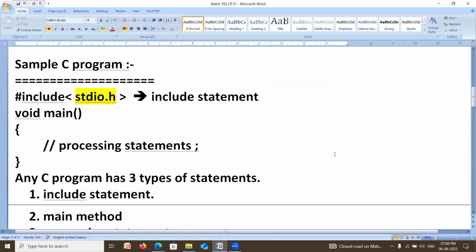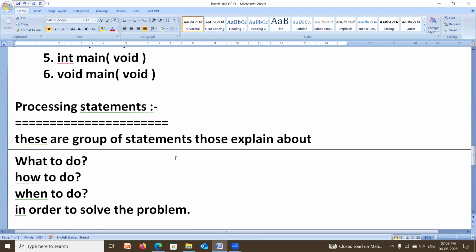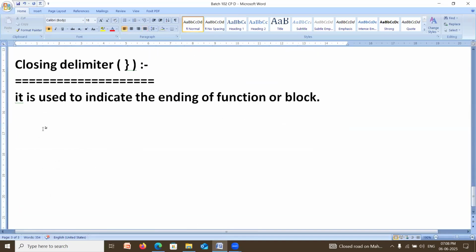Next here we used one symbol. What is the use of that symbol? That symbol is called comment. What is the meaning of comment? First of all, when you are roaming on road, there you can see so many shops, hotels, cinema theaters, hospitals.